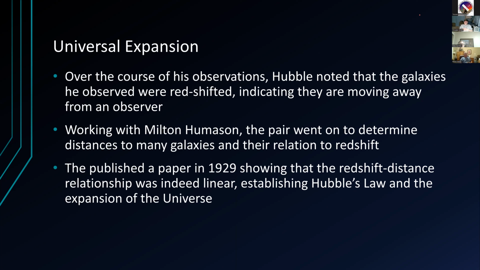They would follow this up with a paper that they published in 1929, showing that there was indeed a linear relationship between how far a galaxy is from us and how intense its redshift was. This would serve as the basis for what has since become known as Hubble's law, and set the groundwork for what would eventually be proved to show the expansion of the universe.